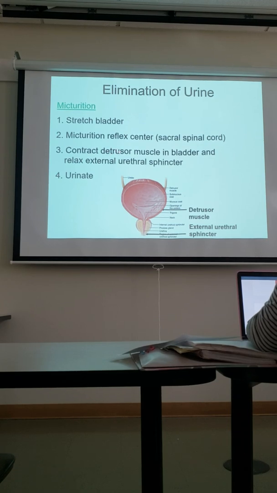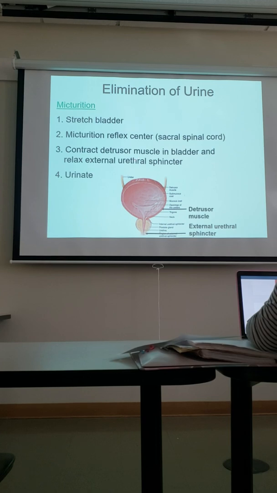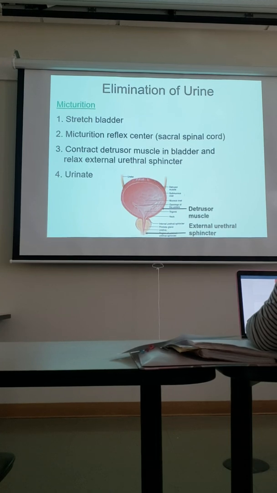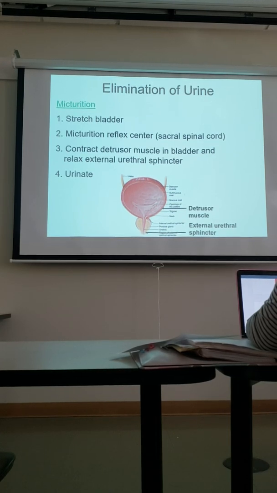What do you guys think? Yes, it's not voluntary. Here's another question. Take a look at the reflex, steps 1, 2, and then to the detrusor muscle. Does it involve the brain at all? No. The reflex itself, notice, never needs to go to the brain.